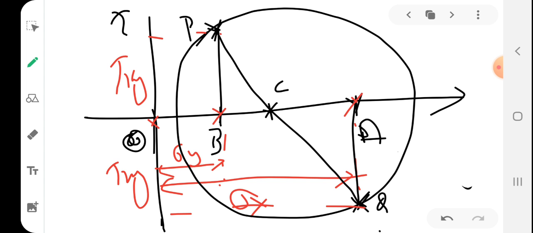From B you have to mark tau xy in upward direction, and from A you have to mark tau xy in negative direction. Now you have to join P and Q, and it bisects AB, the x-axis, at C. With C as center and PC or CQ as radius, you draw a circle, and that particular circle is known as Mohr circle.